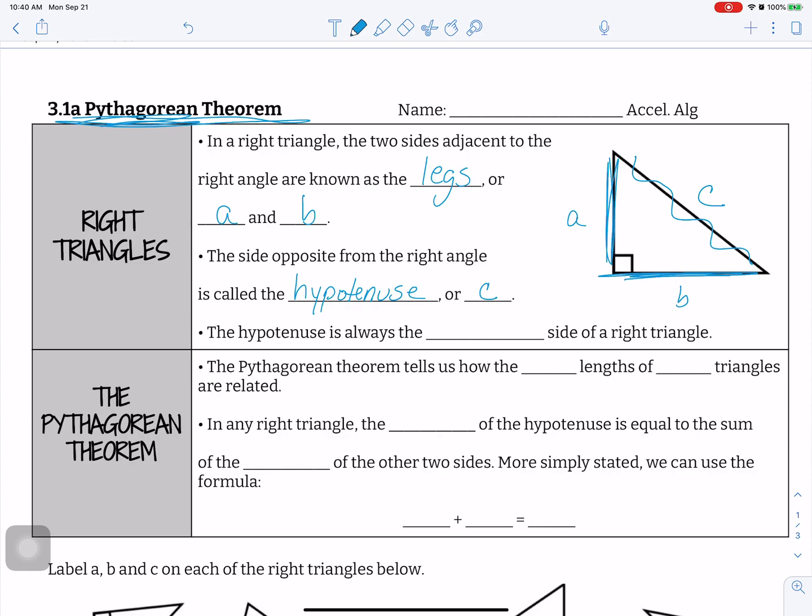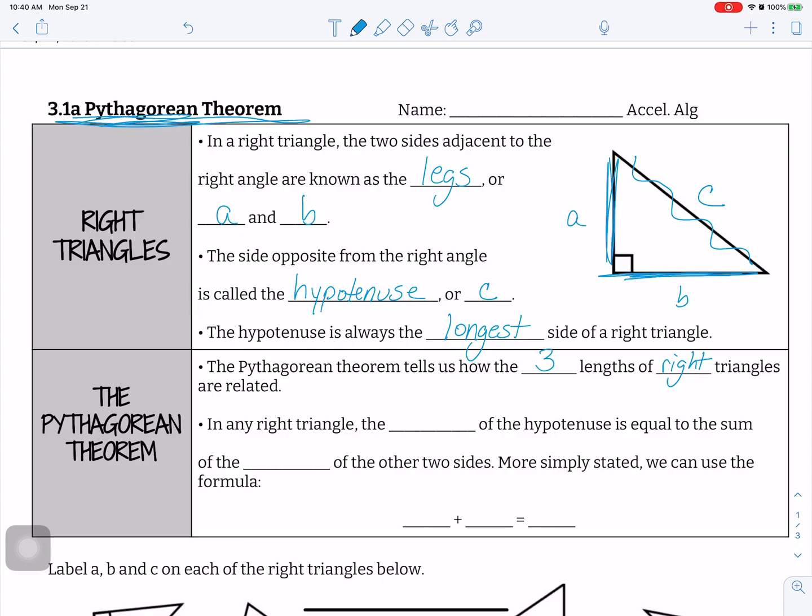And so we want to make sure that we're always realizing where that is. The hypotenuse is always the longest side of a right triangle. So that's a good way to check your answers too when you're doing your calculations. That one has to be the longest. Pythagorean theorem tells us how the three lengths of right triangles are related.